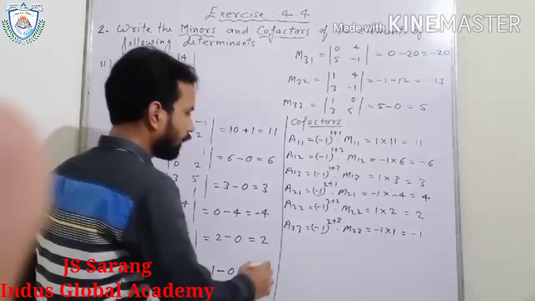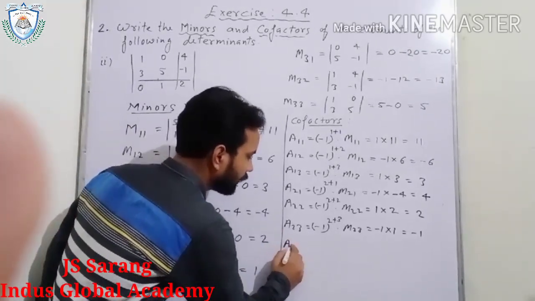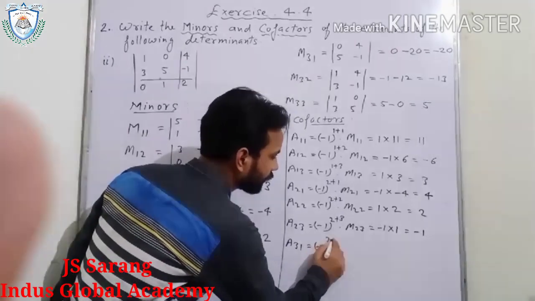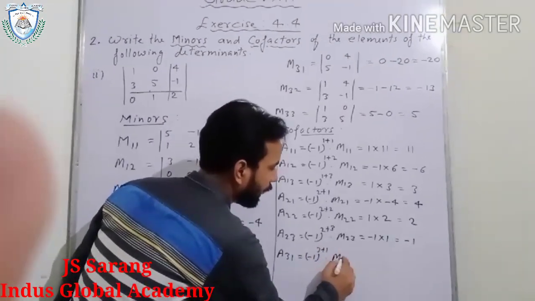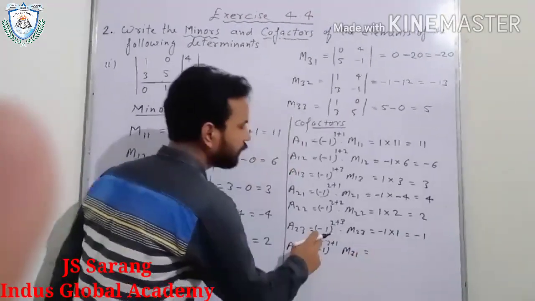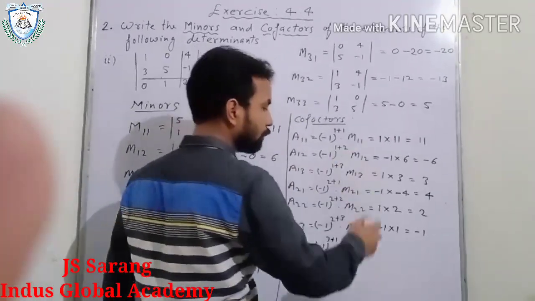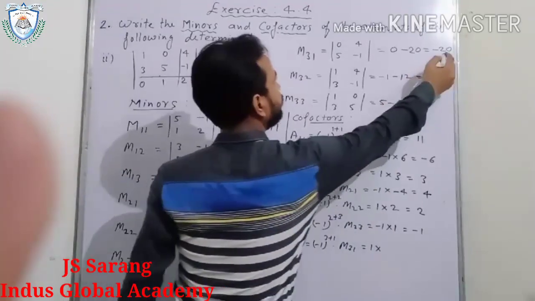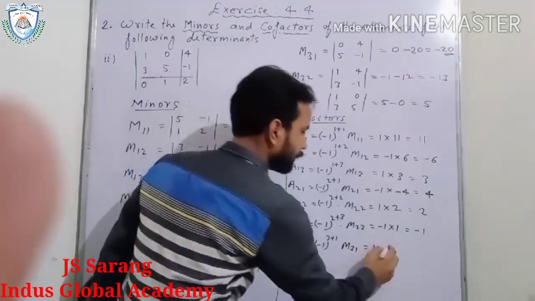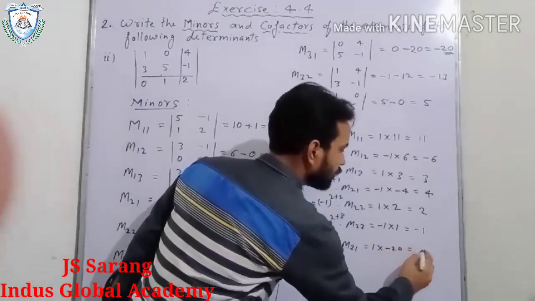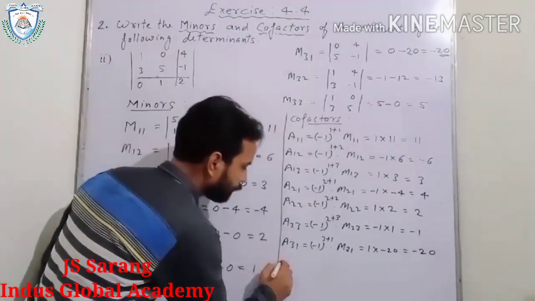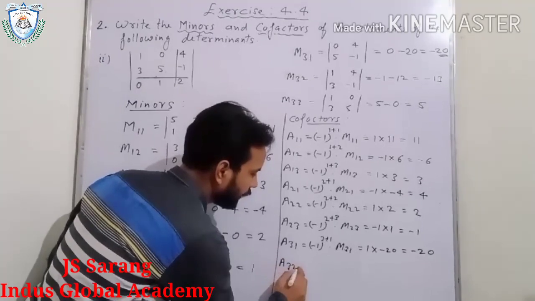Clear? Now next cofactor is A31. So minus 1 to the power 3 plus 1 into M31. Minus 1 to the power 3 plus 1 is 4. So minus 1 to the power 4 is positive 1 into M31. M31 is minus 20. So 1 into minus 20 gives you minus 20. Now A32.